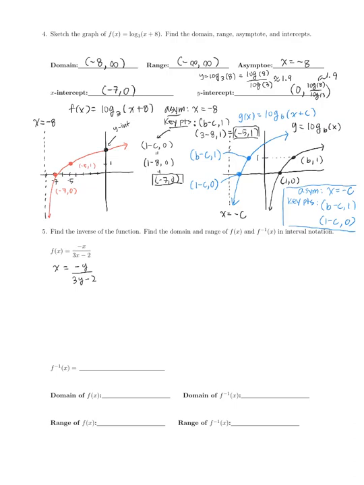Okay, so now what I'm going to do is multiply both sides by 3y minus 2. So if I do that, I'm going to get x times (3y minus 2) equals negative y. Distributing the x, I have 3xy minus 2x equals negative y. Again, you're solving for y, so I'm going to add y to both sides, and then add 2x on both sides. So I'm going to have 3xy plus y equals positive 2x.